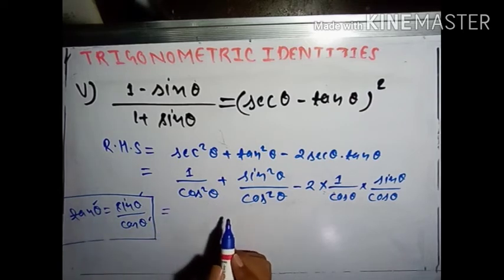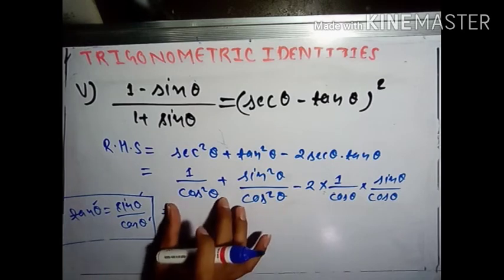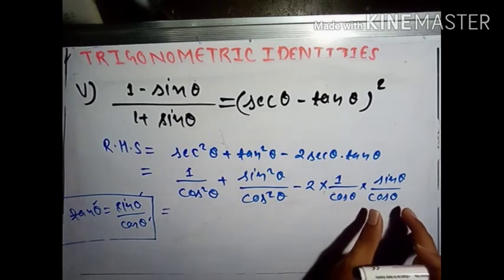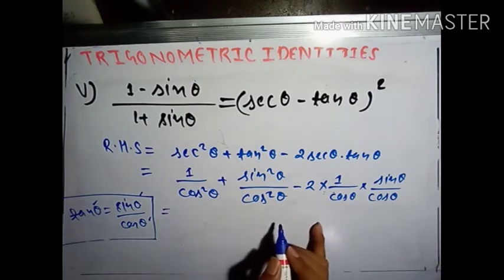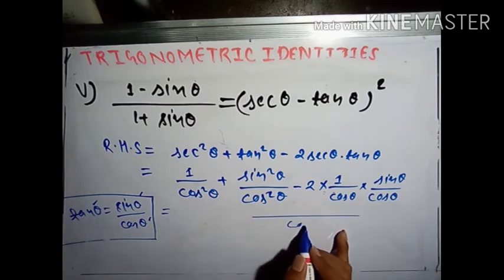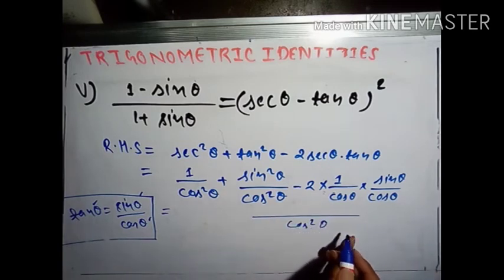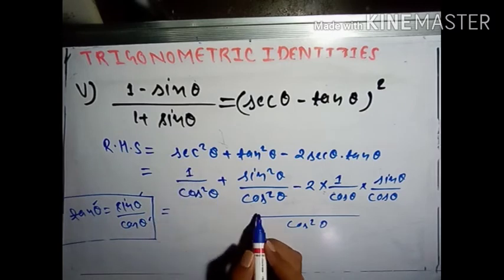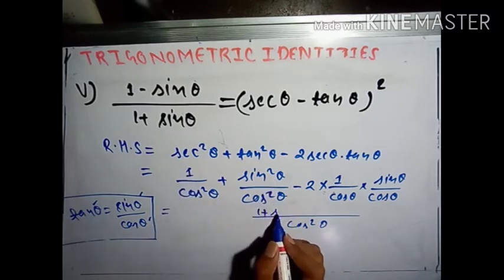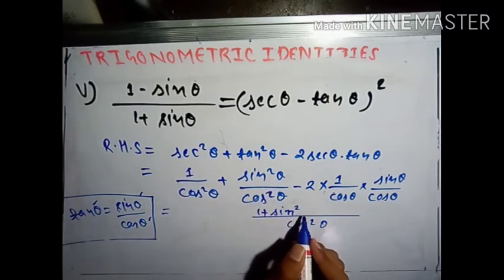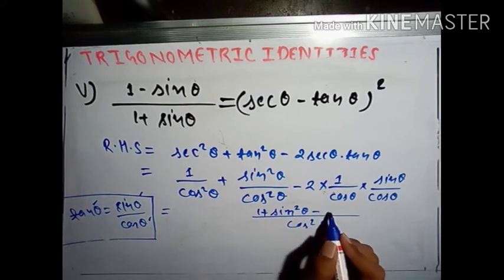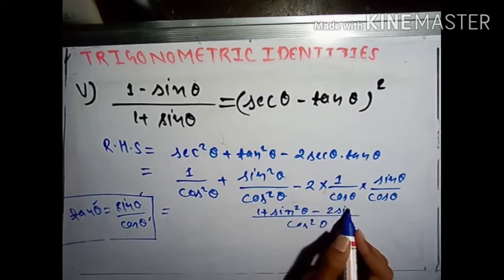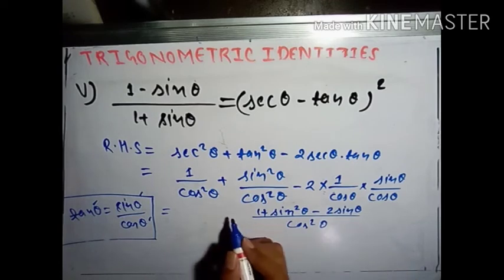Equal to, look, cos square theta, and again cos multiplied with cos square theta. So all the cos square theta can be taken together as denominator, and what is left? 1 plus sine square theta minus 2 sine theta. Understand?